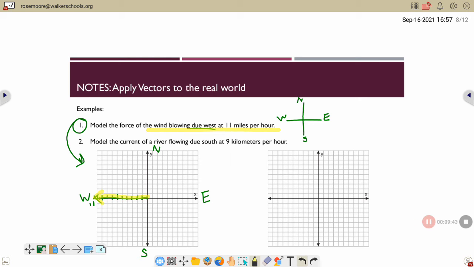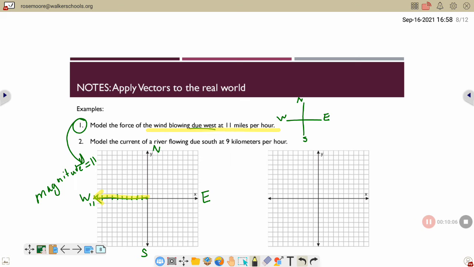Yep, that's the vector I am looking for. So we are going due west at 11 miles per hour. So that's going to give it a magnitude, right? That magnitude equals 11. That's the length of the vector, and west is that way, to the left.